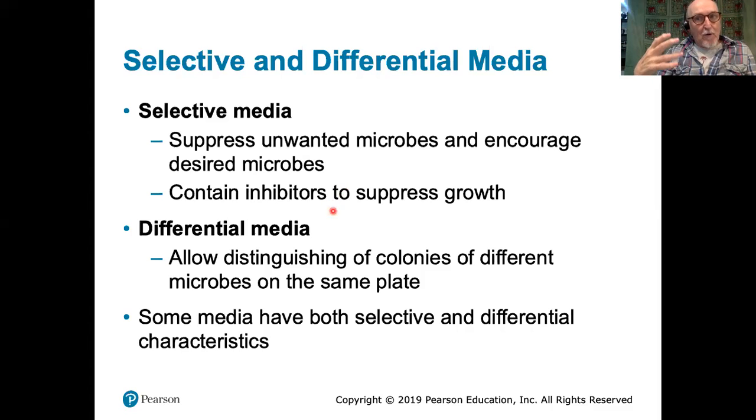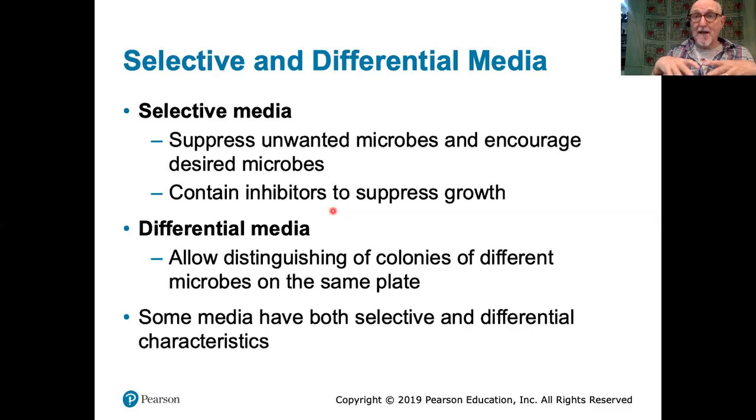Then we can also make media which are differential. And that allows us to distinguish between different bacteria growing on the same plate by emphasizing colony characteristics. Now, bacteria growing on solid media very frequently have particular colony characteristics which we can recognize.